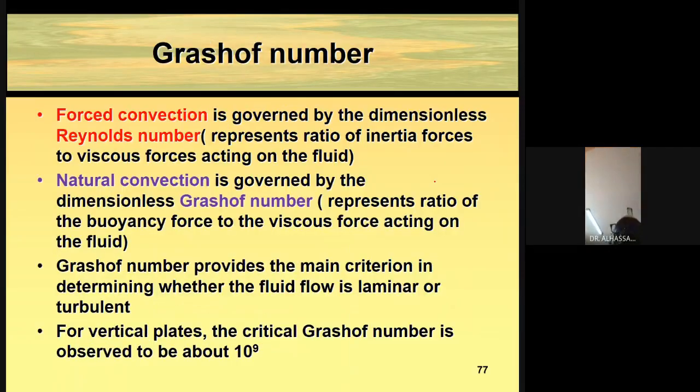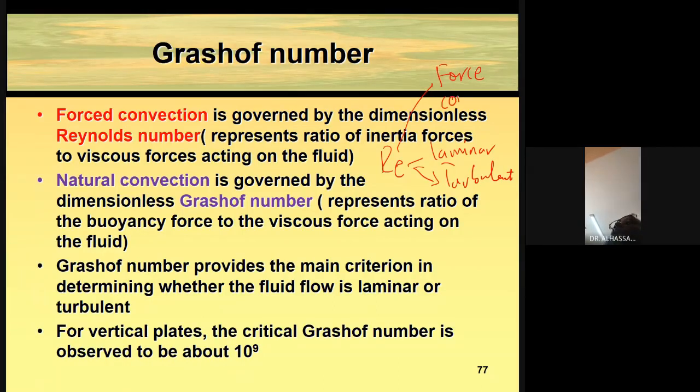Okay, so now let us see. Now we know that in forced convection, we normally use Reynolds number to determine the flow situation, whether the flow is laminar flow or the flow is turbulent flow. It is the Reynolds number that will be able to tell you for a forced convection situation.